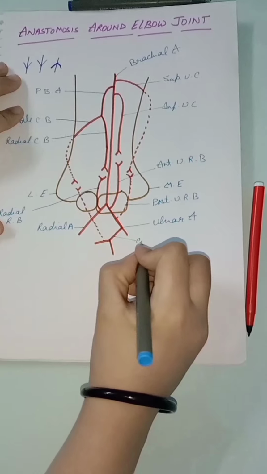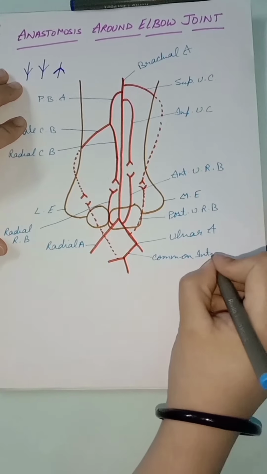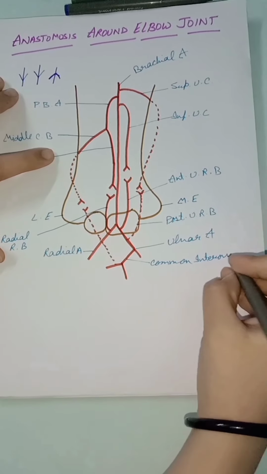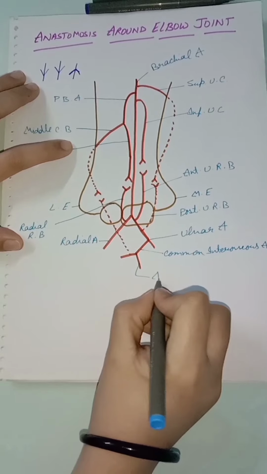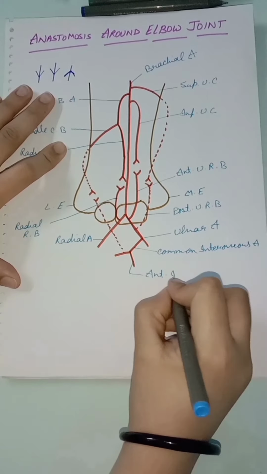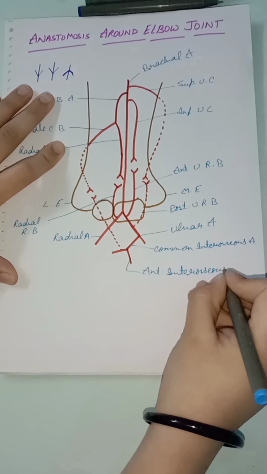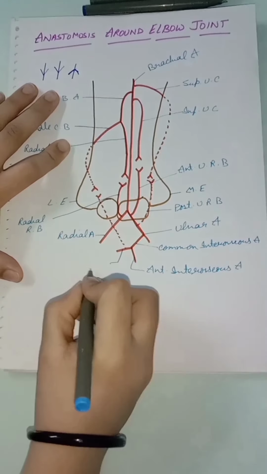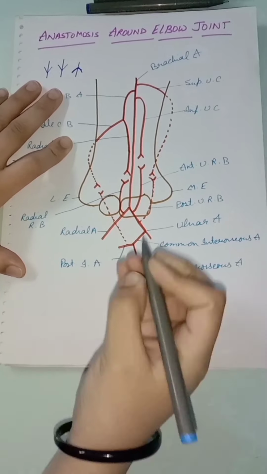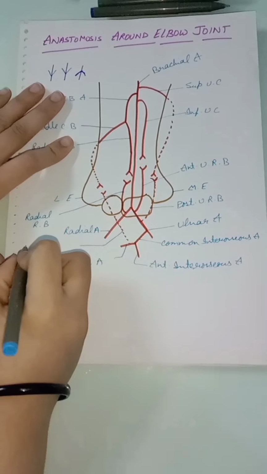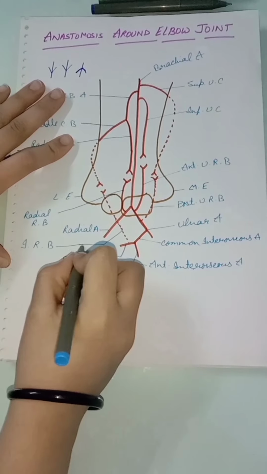This is the common interosseous artery. This is the anterior interosseous artery. This is the posterior interosseous artery, and this one is the interosseous recurrent branch.